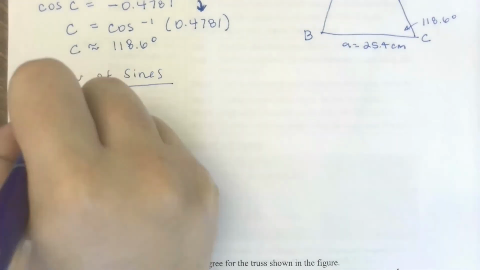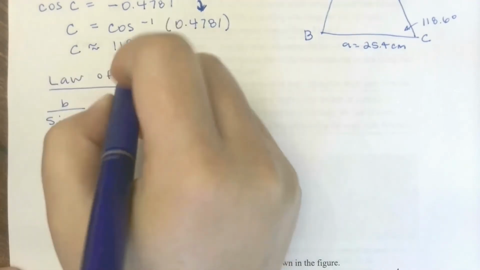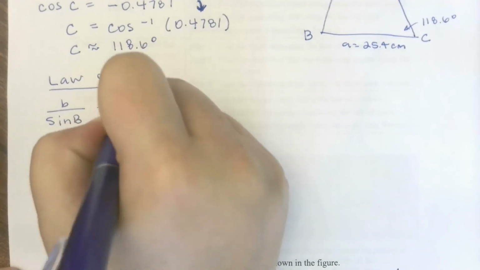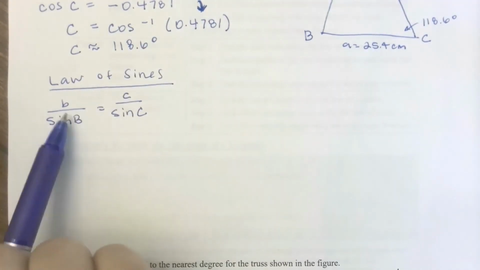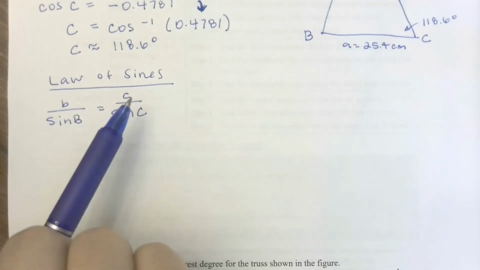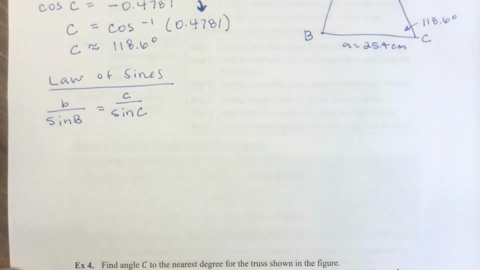So we have B over sine B equals C over sine C. We do have to use C in our law of sines because that's the only angle that we do know.